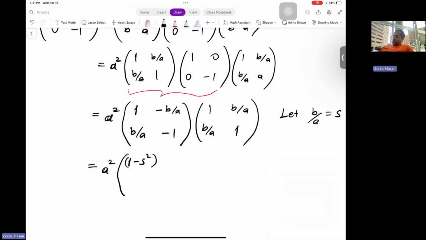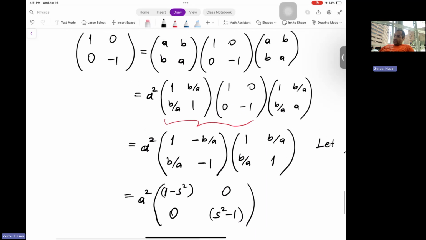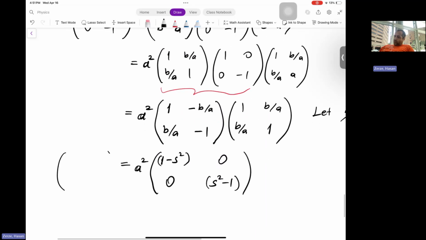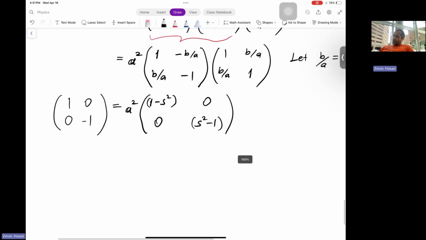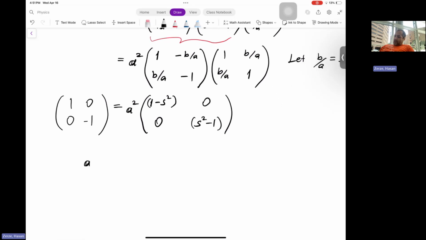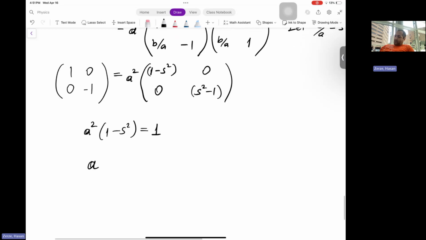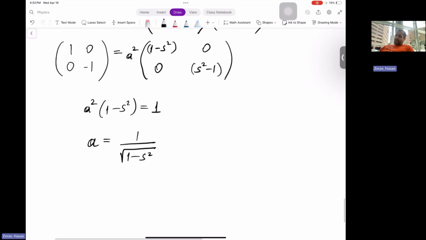This is 1, so we get 0 here, 0 here, S squared minus 1. And since this is equal to the parity operator, 1, 0, 0, minus 1, we see that A squared times 1 minus S squared becomes equal to 1. From here, A is nothing but 1 over square root of 1 minus S squared.